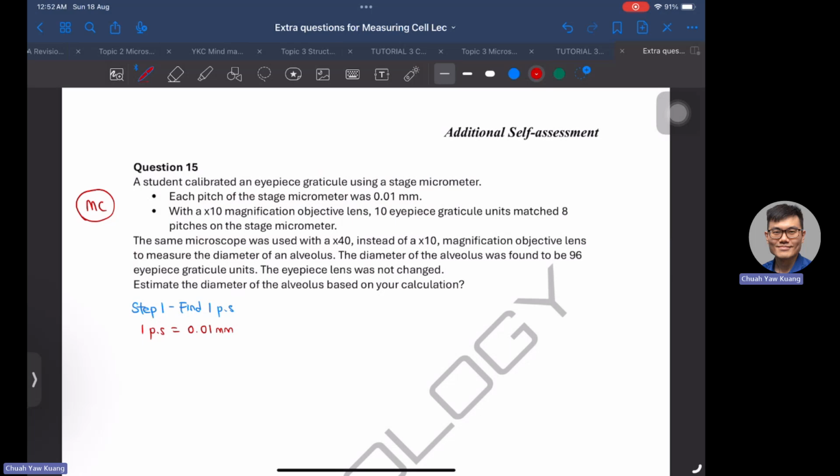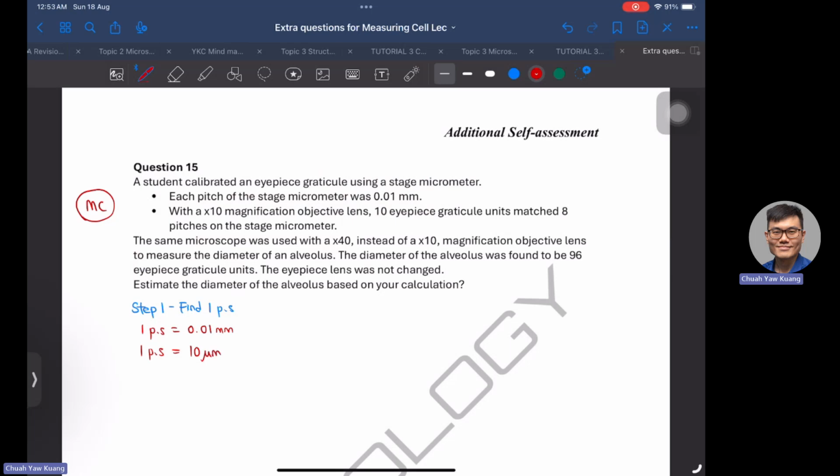To convert mm to micrometer, you have to times 1000. So it will be 10 micrometer. So one pitch on the stage micrometer is 10 micrometer. We just convert. That's all for step number 1.